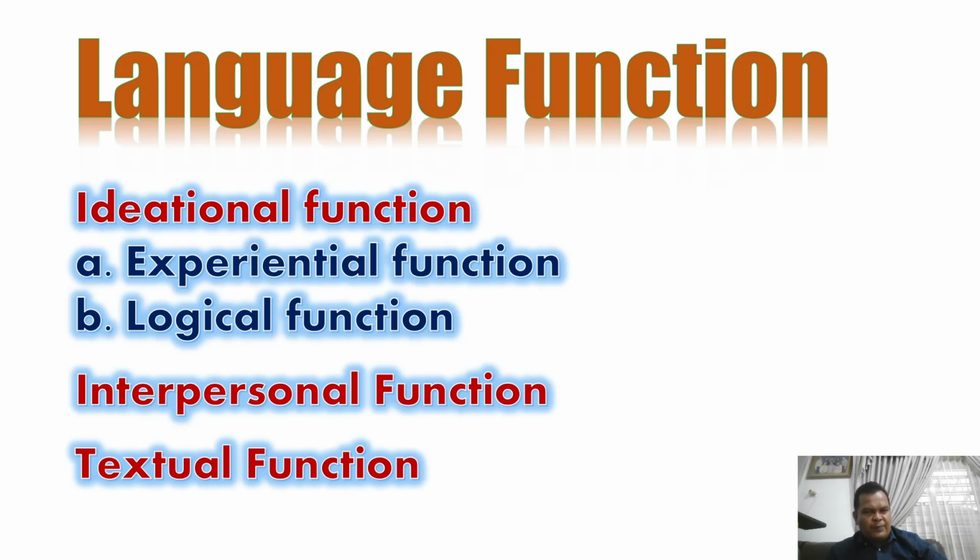The first one, we use our language in order to share our ideas, and this is called ideational function. The ideational function is divided into two because sometimes we share a simple or single idea, sometimes we share a more complex idea.